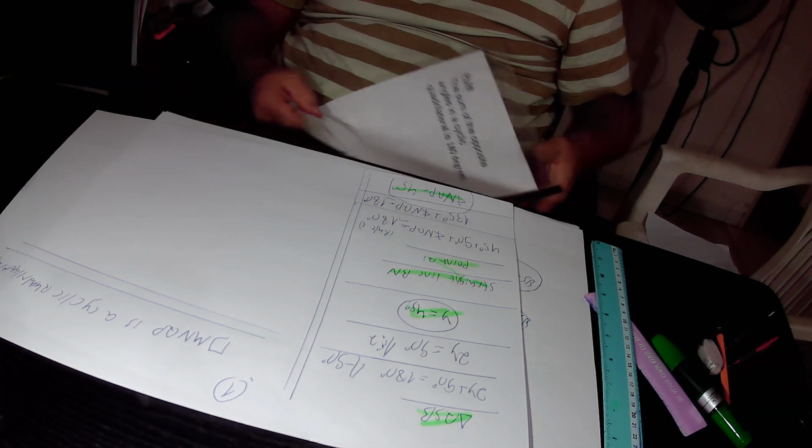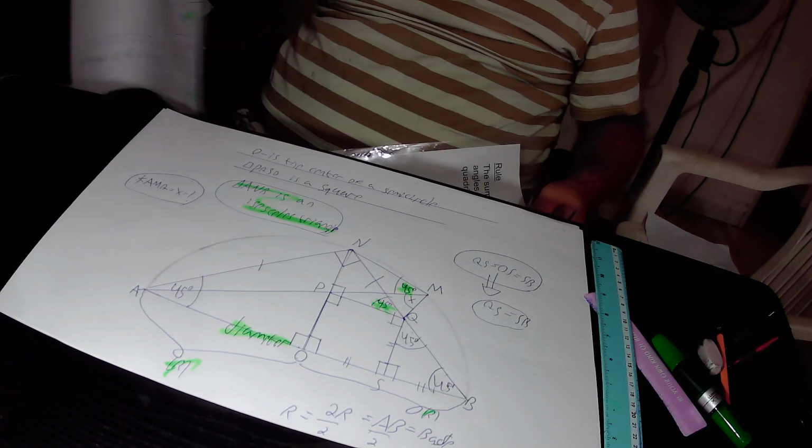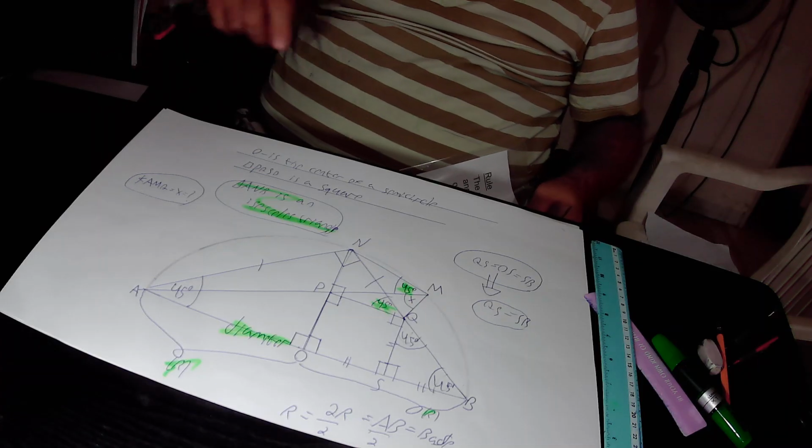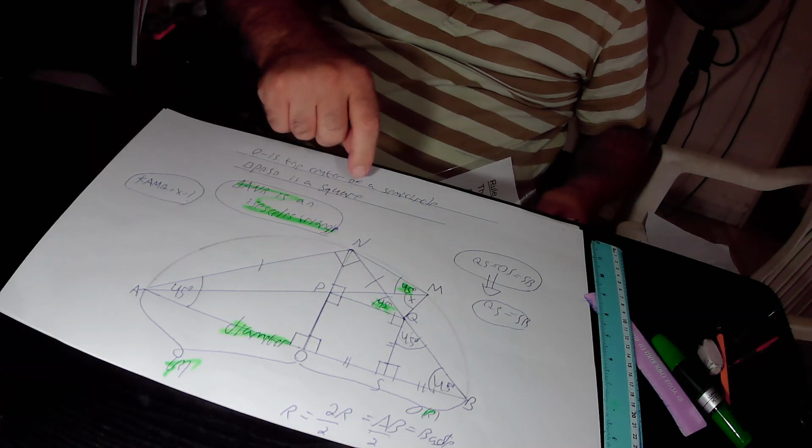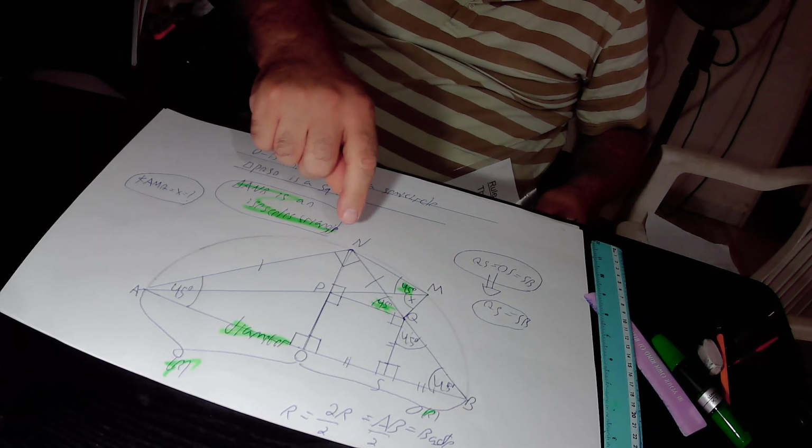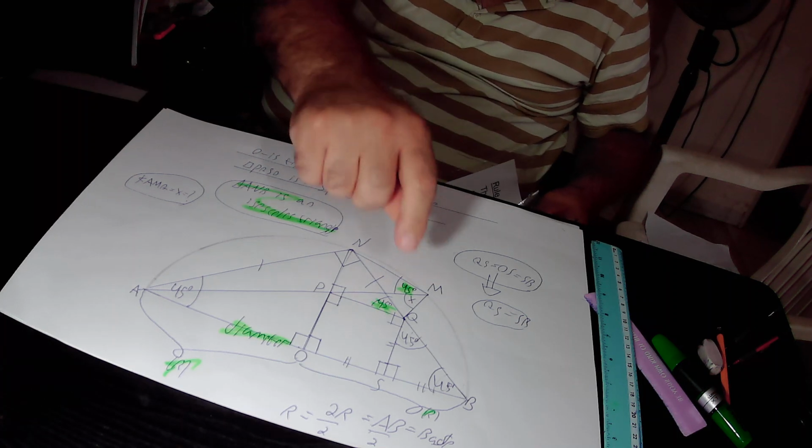So first of all, we know that quadrilateral NMQP is a cyclic quadrilateral, therefore I'll enclose this quadrilateral by a circle.